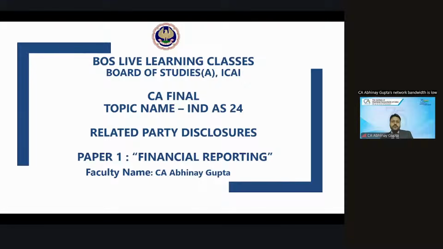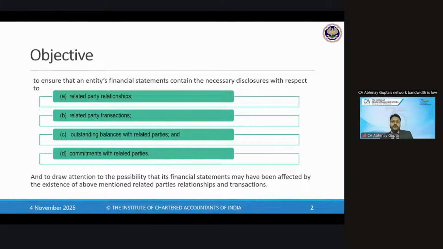The objective is to ensure that financial statements contain the necessary disclosures with respect to related party relationships, to make the users of the financial statements equipped enough to understand which relationships might affect the financial statements, financial position or profitability of the company through related party transactions, right?